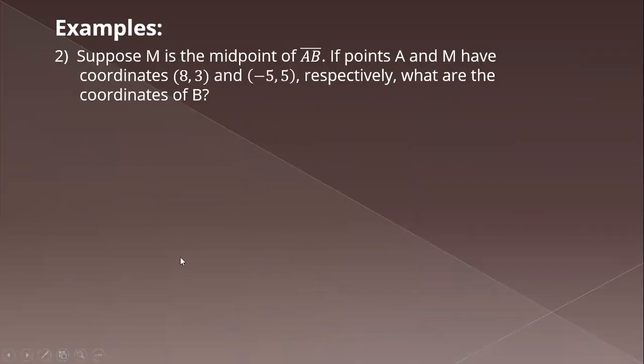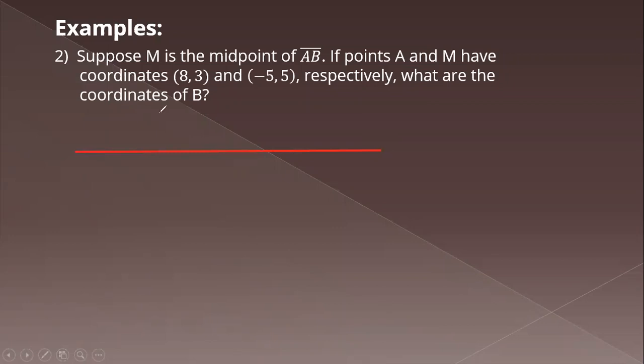Okay, let us have the word problem. Suppose M is the midpoint of AB. If points A and M have the coordinates 8, 3, and negative 5, 5 respectively, what are the coordinates of B? So what you can do there is make a segment. For example, this is our segment.